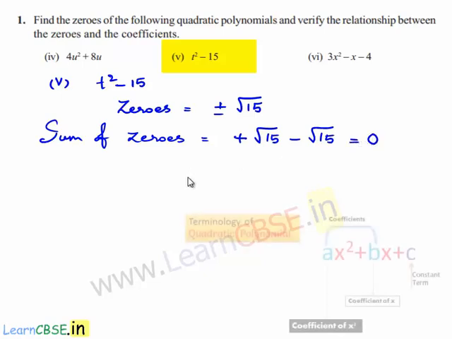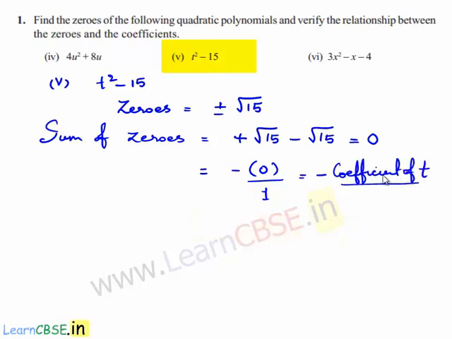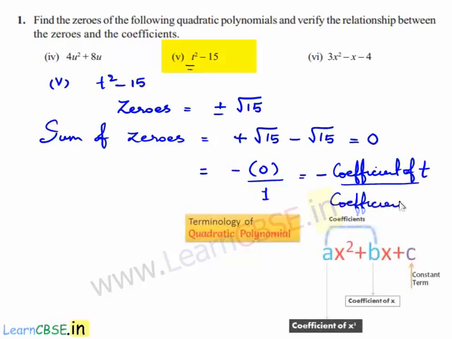So we can say that 0, which is minus of 0 divided by 1, is nothing but minus of the coefficient of t divided by 1, which is the coefficient of t square. So we can conclude that the sum of zeros is equal to minus of coefficient of t divided by coefficient of t square.